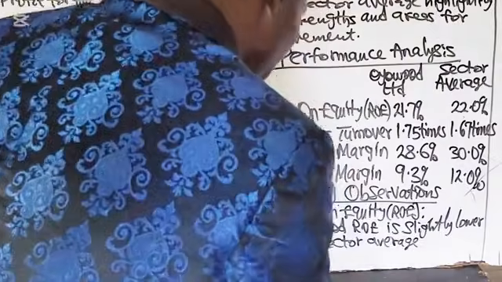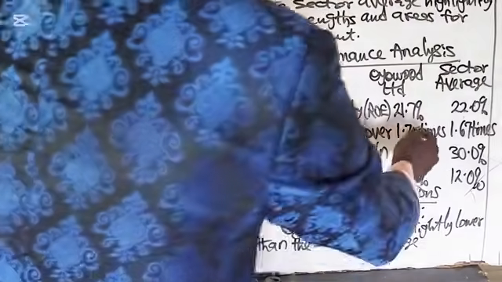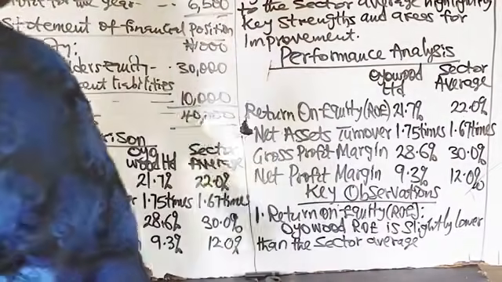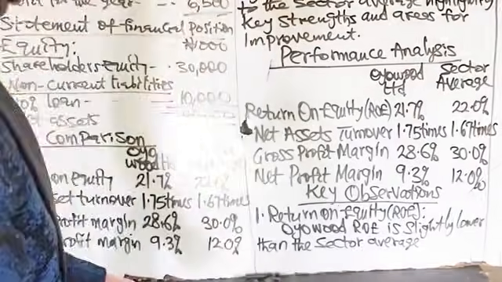Or you can quote the ratio, but since it has been written here, quoting it is not necessary. But if you did not write it here, you need to state it.